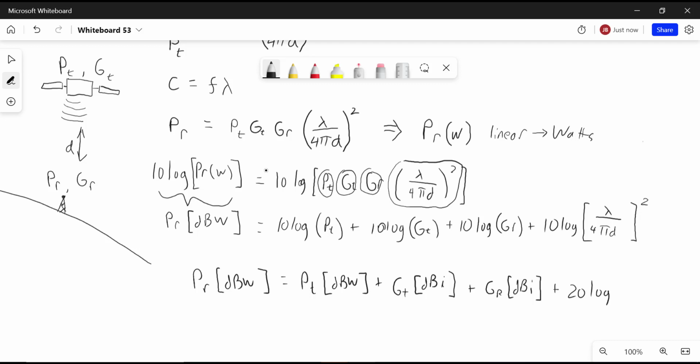So I've got 20 log of lambda over 4 pi d, and it's no longer squared, because in this form we've brought this down. This will be a term that we just calculate out. Everything is in the appropriate scale, whether it's dB watts or dBi, we can interchange those components, and now we'll just be able to add that number to it.